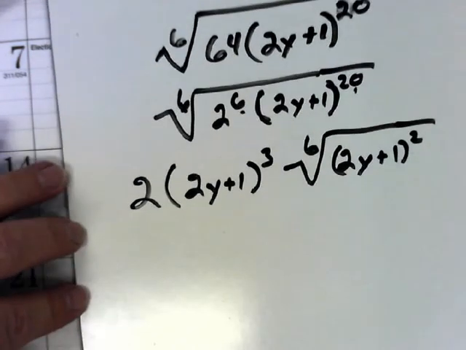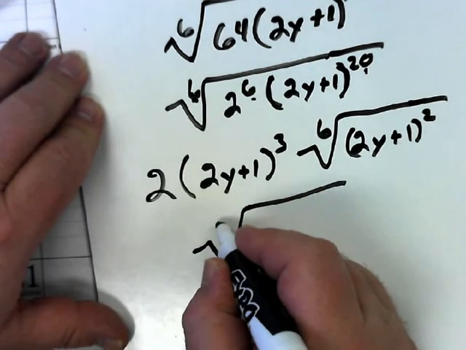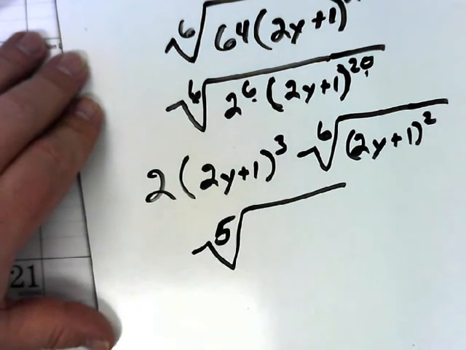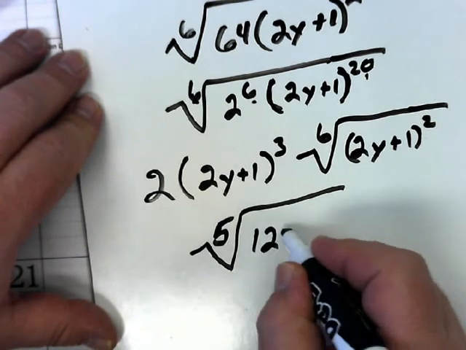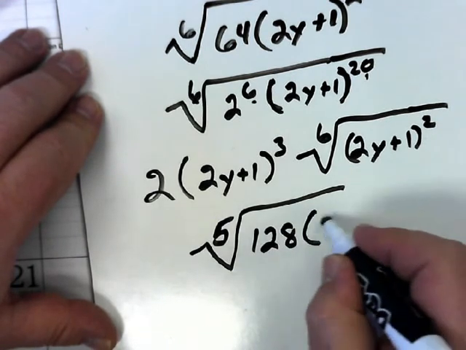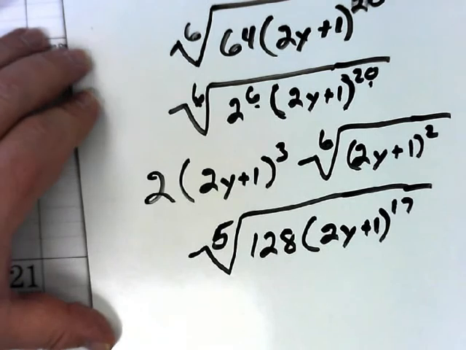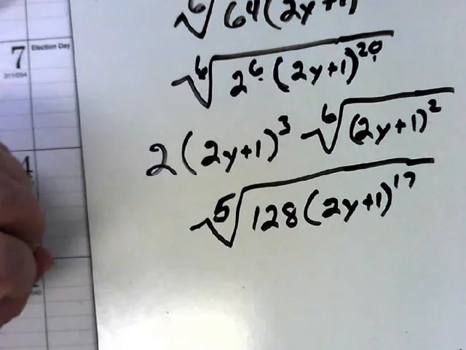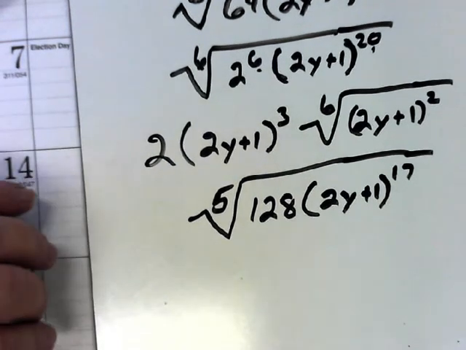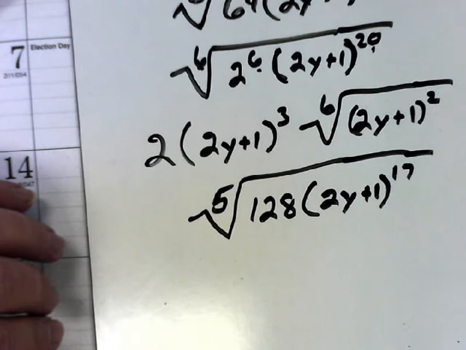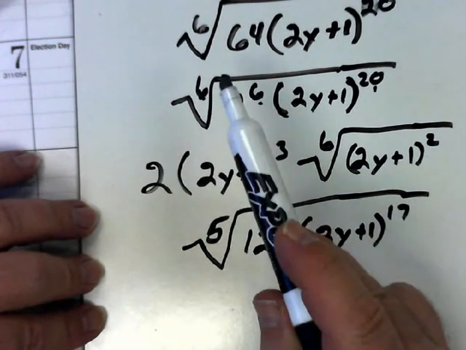Okay? I'm going to change this problem just a little bit. I'm going to make this a 5th root. We're going to make this 128. And 2y plus 1 to the 17th. In working with your numbers, we already knew that 2 to the 6th was 64, would you agree?